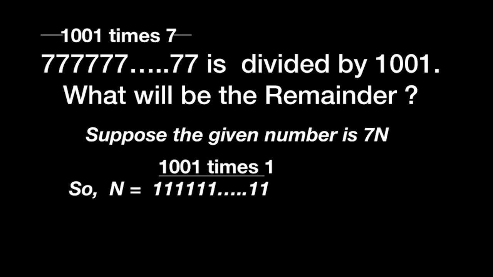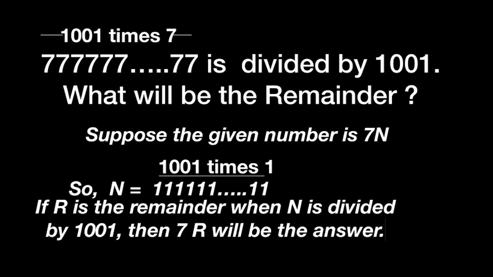And here, if this number n, that is 1001 ones, is divided by 1001 and it gives the remainder r, then at that time 7r will be the remainder of the given number, that is 7777 and so on.